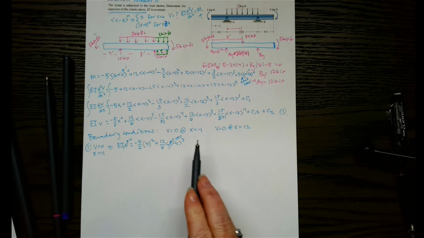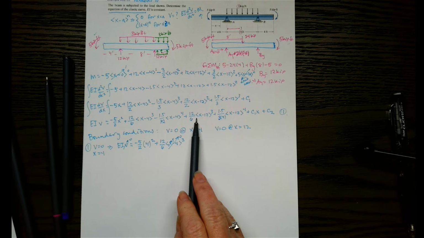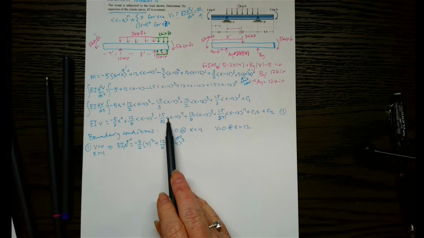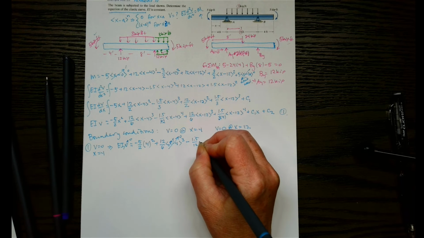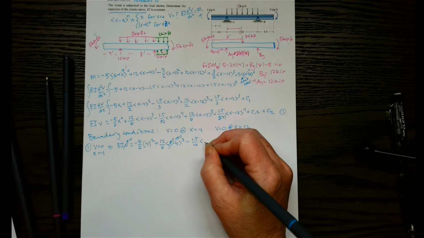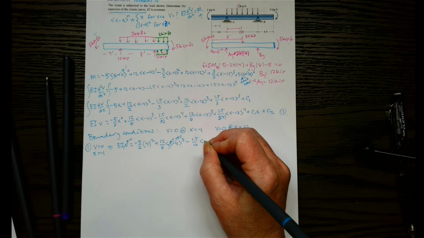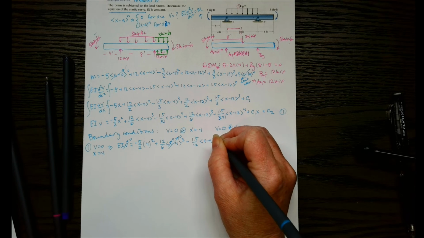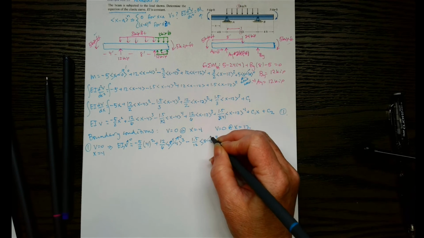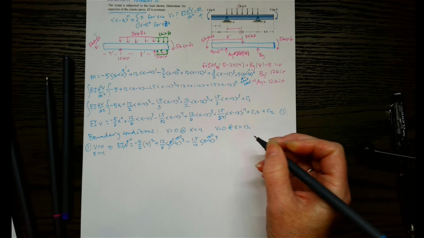Now we come over to this one, 1.5 over 12. We've got the X minus 4. So for our X greater than or equal to A, we just plug in 4 here and raise it to the power 4. Obviously 4 minus 4 goes to 0 there.